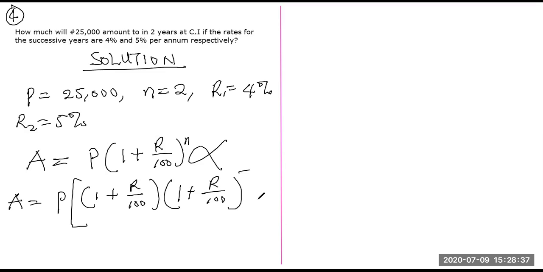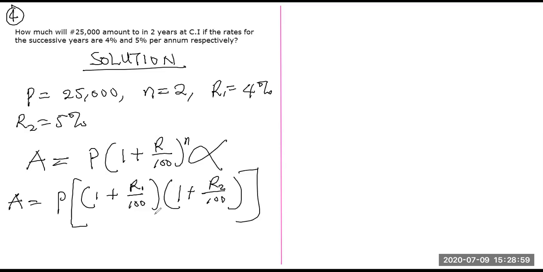Now, if I had multiplied these two, I could have 1 plus R over 100 raised to the power 2 years. Okay, that's what I have. But because here and here are the same, that's you having a square. But because the rates are different, I'm not going to multiply. This is going to give us R1 and R2 representing the rate for the 2 years.